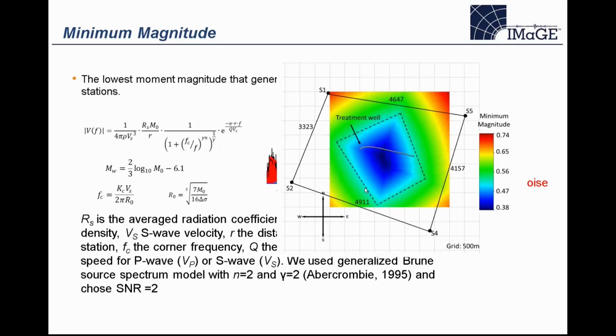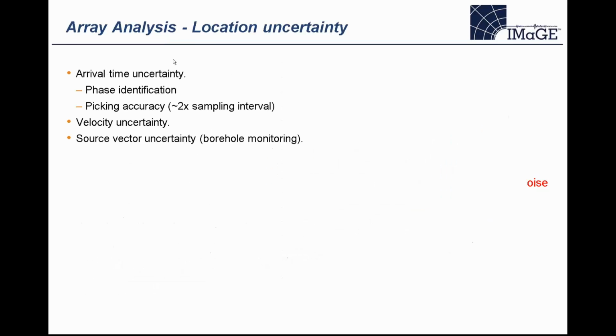That's the coverage of this network, and this is the region that you're most interested in, and it has comprehensive coverage. So in other words, you don't see a place that's more sensitive compared to other locations. So overall, it's a good coverage in this project. So that's the minimum magnitude.